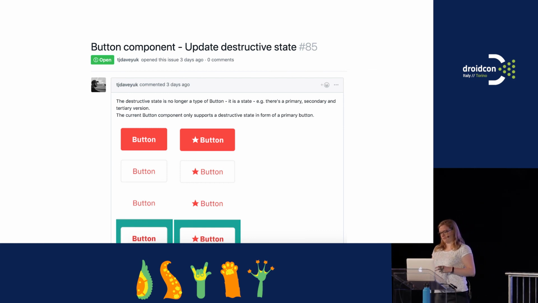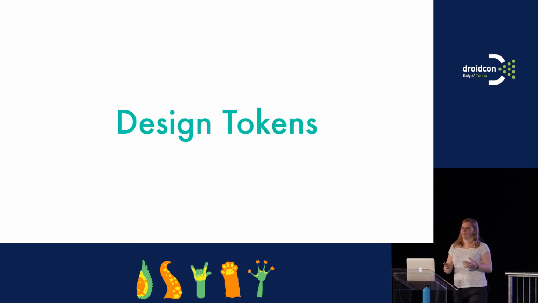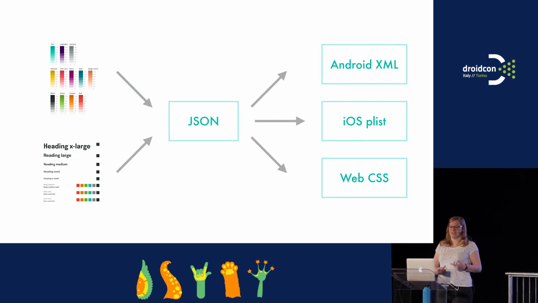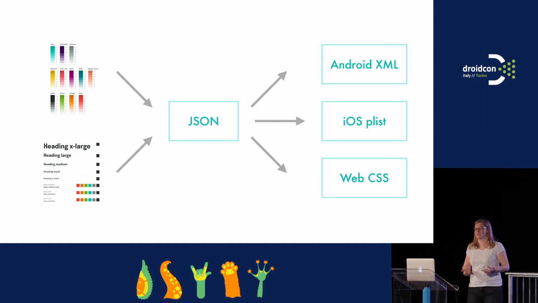If that changes, do you really have to actually go and update the text code manually? Now, there's a thing called design tokens, which Salesforce uses heavily. And those are essentially the core styles of your application. So colors, text styles, maybe some dimensions. And these get generated into a JSON file. And then this essentially generates a platform-specific version.